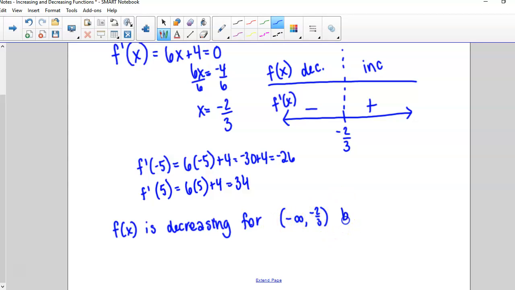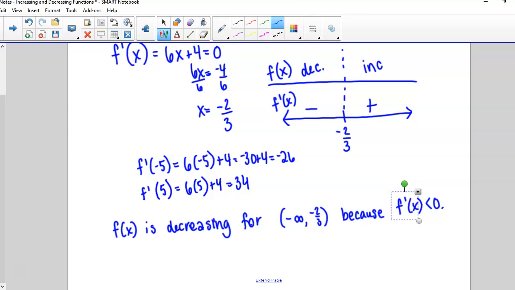And we have to say because, and then I usually just say, you can say f prime of x is less than 0 for this interval, or just probably f prime of x is less than 0. Or you could say the derivative of f is negative. You can say anything that lets us know that that derivative is negative.